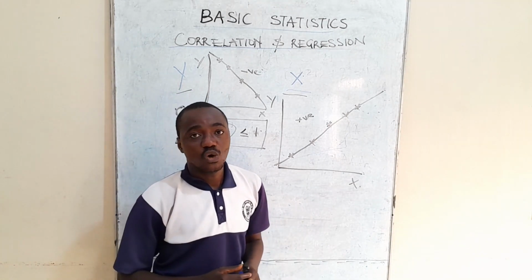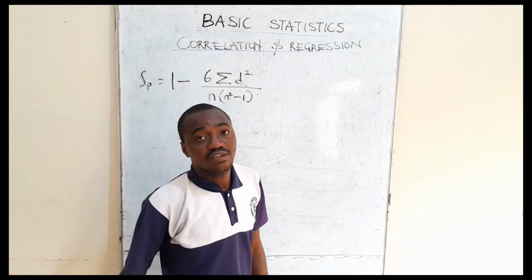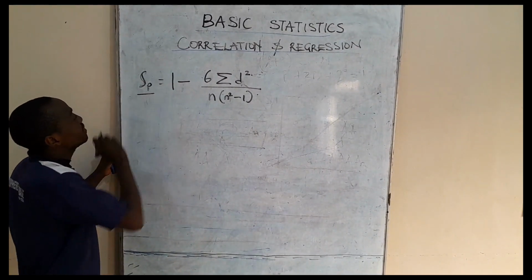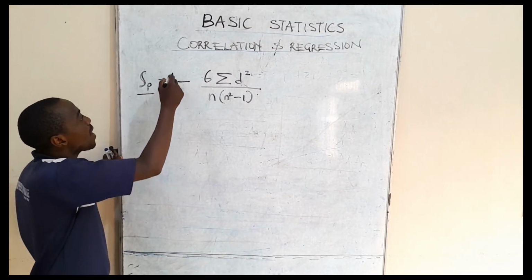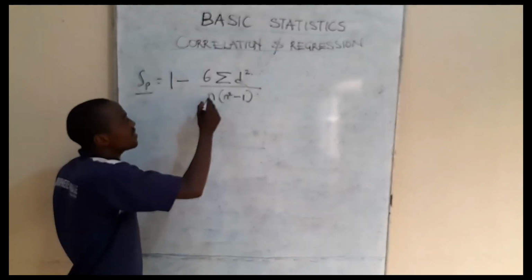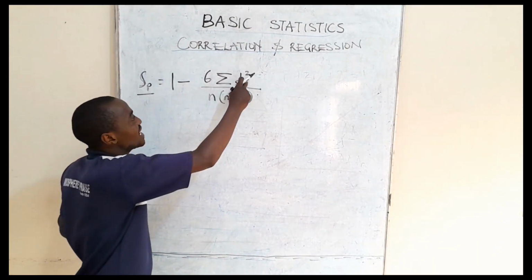Now, the formula for Spearman: the Spearman is 1 minus 6 times the summation of D squared, over n times n squared minus 1. The D here means the difference.